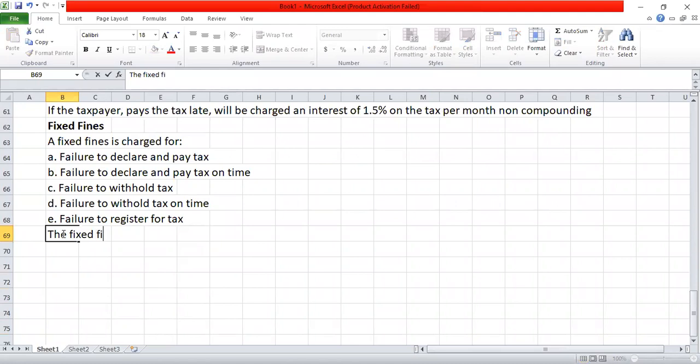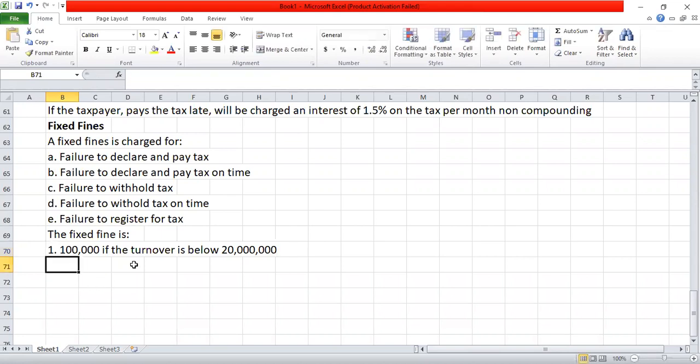The fixed fine is 100,000 if the turnover is below 20 million, meaning if your turnover is below 20 million, you are going to pay a fixed fine of 100,000.